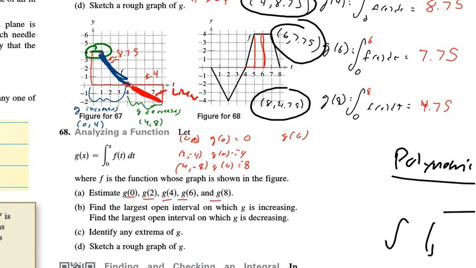Negative 8 plus 6 is negative 2. So 6 comma negative 2. And g of 8, what is that going to be? If that area was 6, the area in the whole thing is going to be 12. So negative 8 plus 12 is positive 4. So 8 comma positive 4.